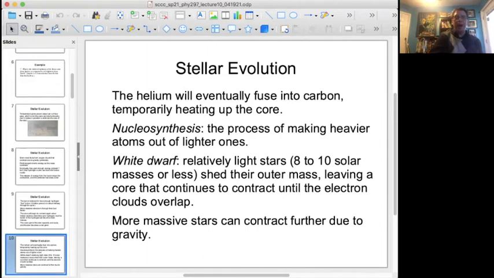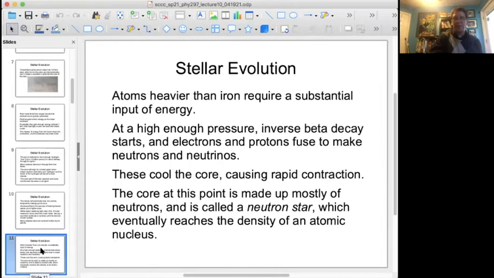But if the stars are more massive than that, they can contract further. Atoms heavier than iron require a substantial input of energy. So at high enough pressure, inverse beta decay starts. Beta decay is when a neutron becomes a proton and an electron. Here, the proton and electron fuse to make neutrons.